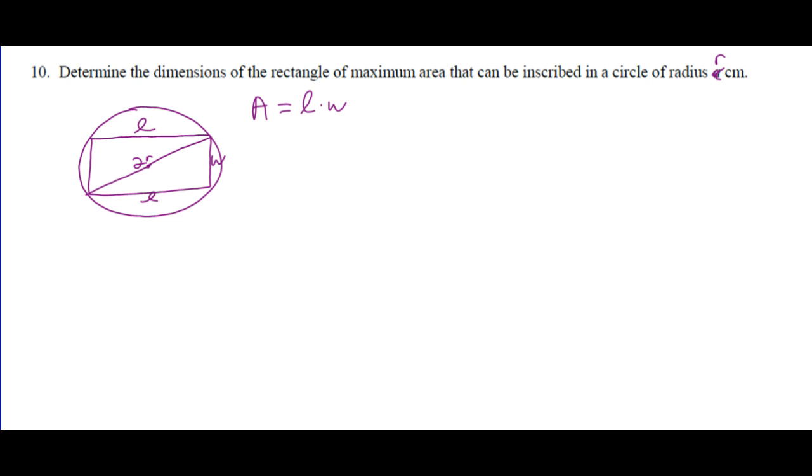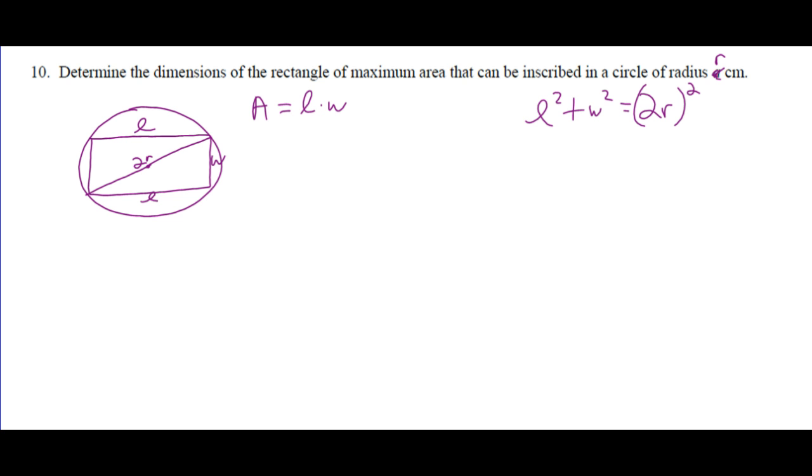Now, we need to be able to express things in terms of one variable, be it L or be it W. So, right angle triangle, we've got L squared plus W squared is equal to (2R) squared.